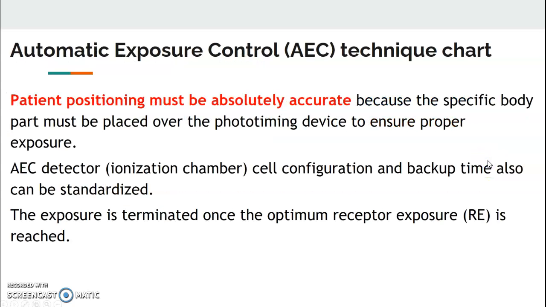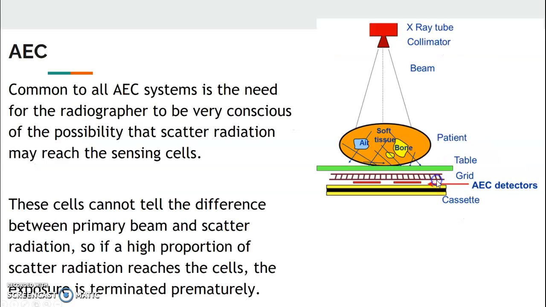AEC, or automatic exposure control, we know from clinical experience, right, your patient positioning has to be accurate over the photocell that you selected. Otherwise, it's not going to help you. All the AEC systems are found right before the imaging plate.